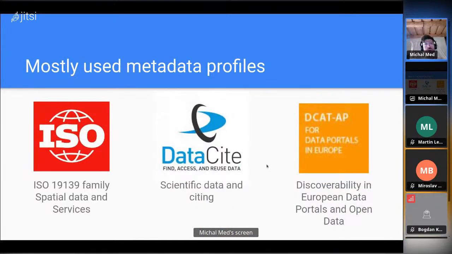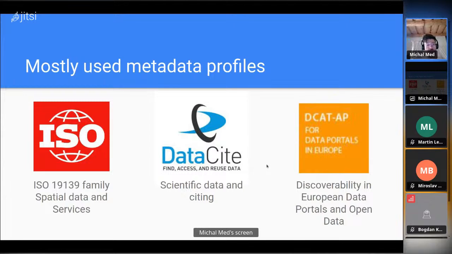I just want to go through a few of the most used, in my opinion, metadata profiles, which differ in a lot of ways. We use them as a demonstration or as examples. We are going to go through three metadata profiles.